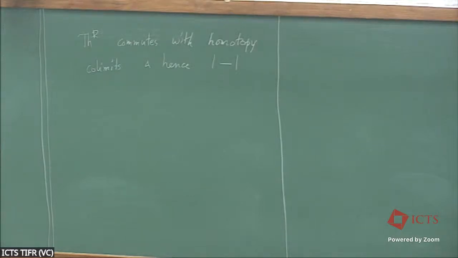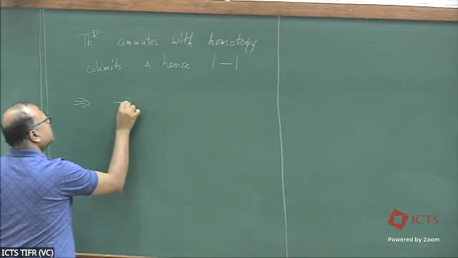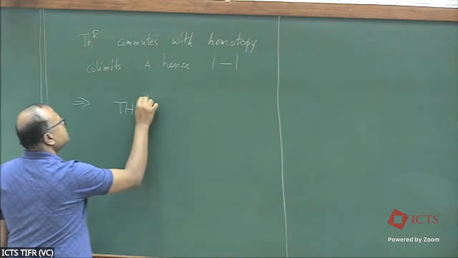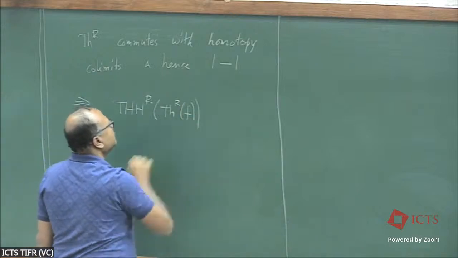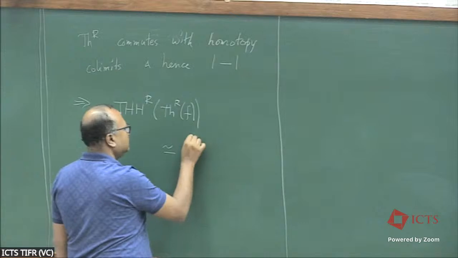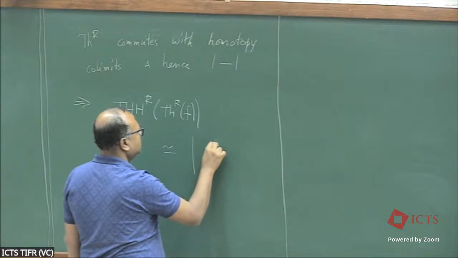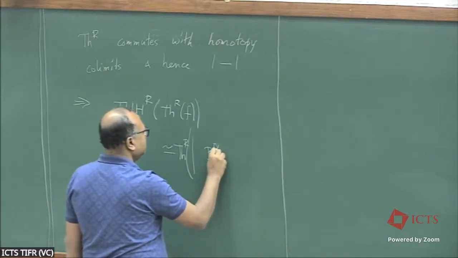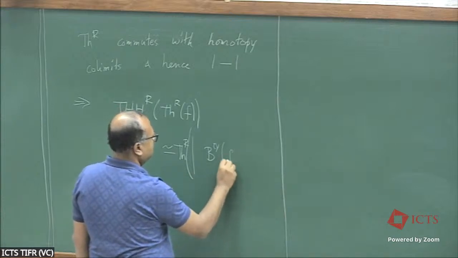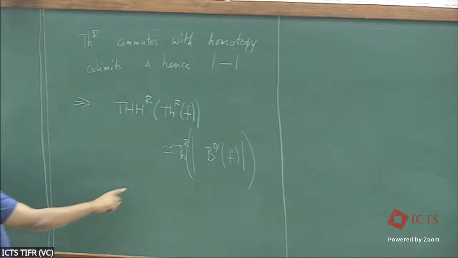So that implies that THH of R-mod Thom spectrum of F is equivalent to, now the realization comes outside, sorry, the Thom spectrum comes outside. So what is this now?